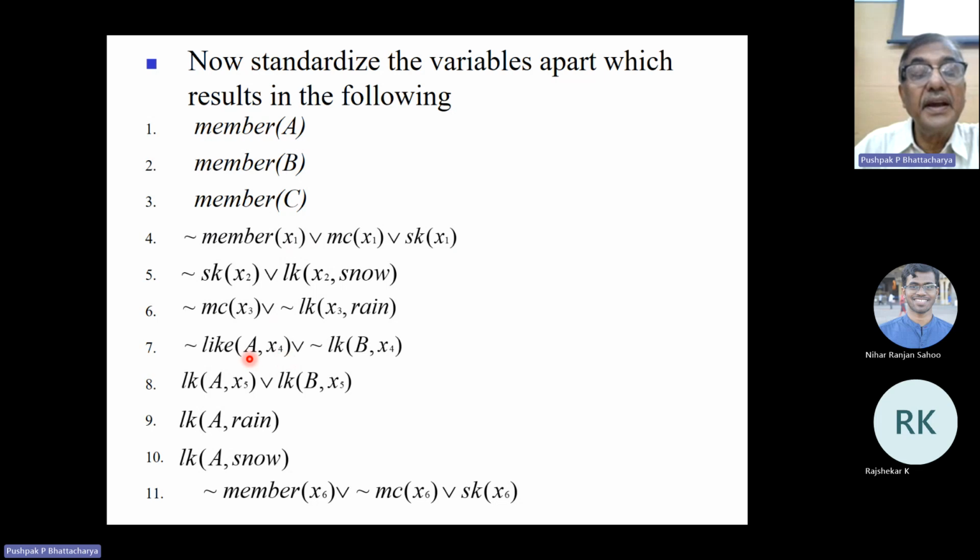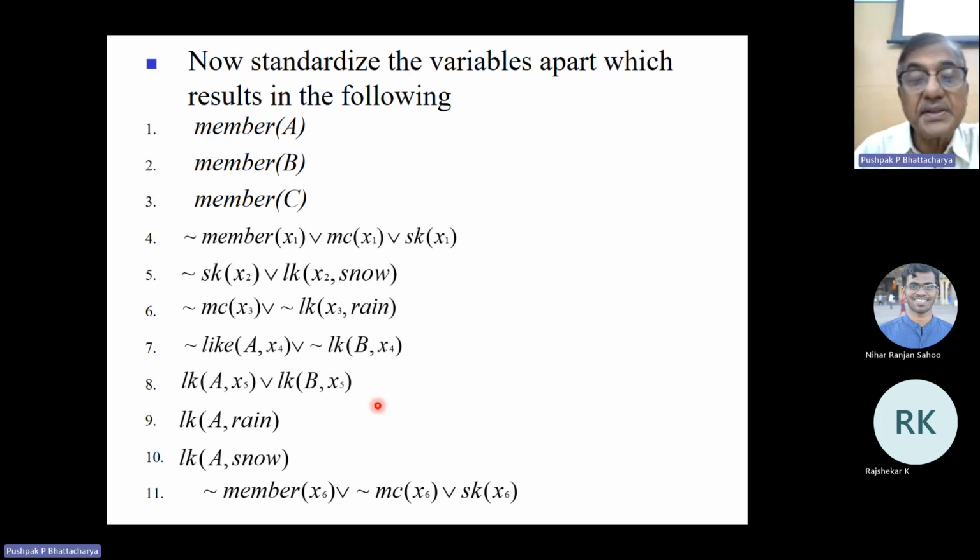If A likes something, B doesn't like it, X4. If B does not like something, A likes it, X5. Likes A rain, likes A snow. And is there a member who is a mountain climber and not a skier? X6. We are interested to find the value of X6, okay, by instantiation. So instantiating a variable with a constant is called unification.